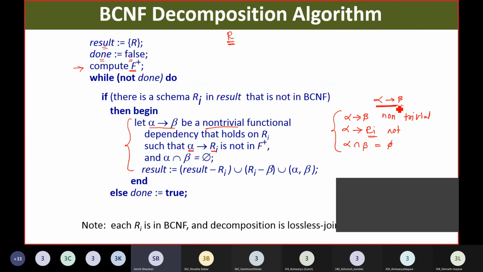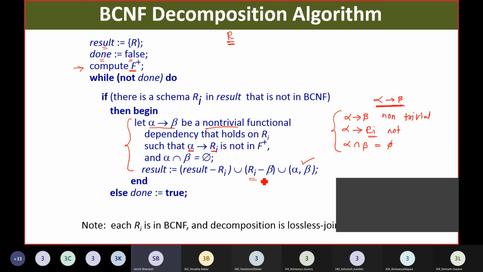Whichever dependency we have identified as violating the norm of BCNF, we combine all those attributes together and come up with a new relation. Another relation would be the old result minus Ri, union Ri minus beta. What does this mean?